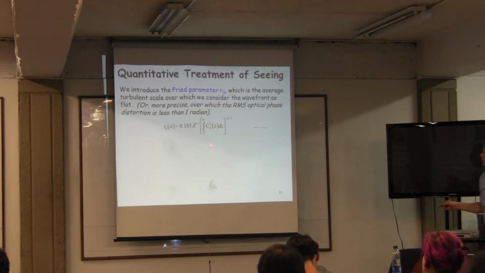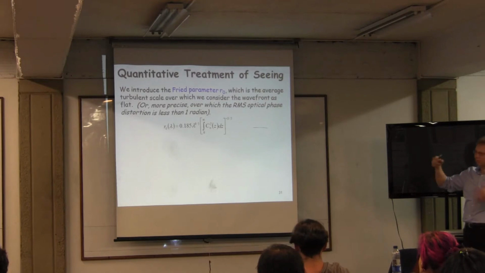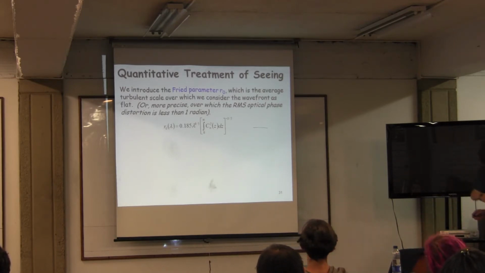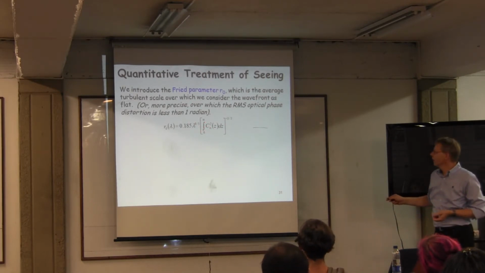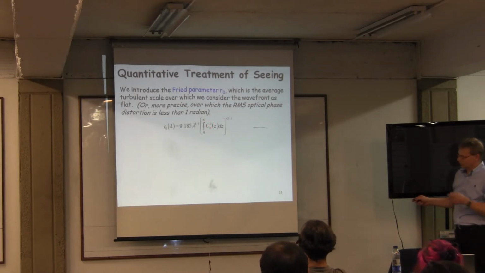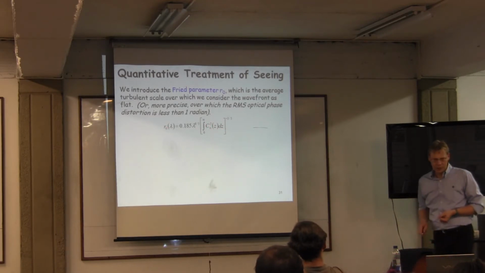Analytically, you could calculate this parameter. I'll show you some more inspiring pictures in that field, but I think it's better to start with the definition up front. You can actually calculate it very precisely using the structure constant of the atmosphere that we used before, and if you plug in the right numbers, you will calculate what R naught is.